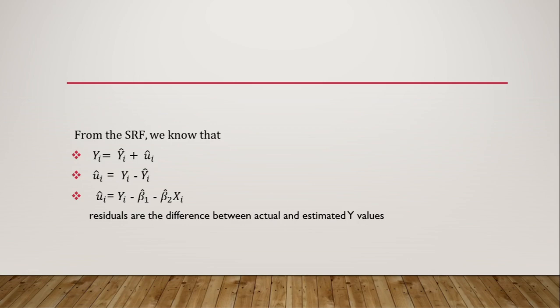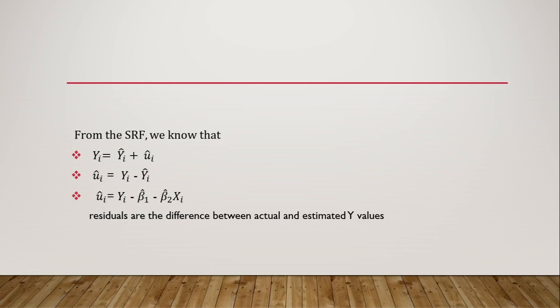So ui hat is equal to Yi minus Yi hat, where we substitute the value of Yi hat. We know that Yi hat is equal to beta 1 hat plus beta 2 hat Xi. So ui hat is equal to Yi minus beta 1 hat minus beta 2 hat Xi.